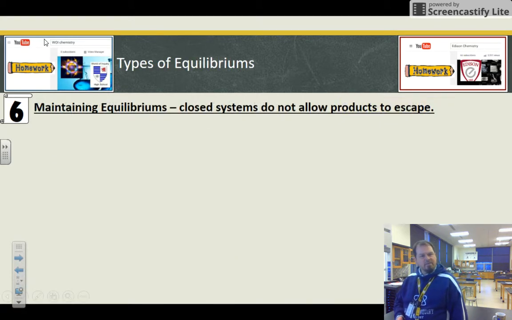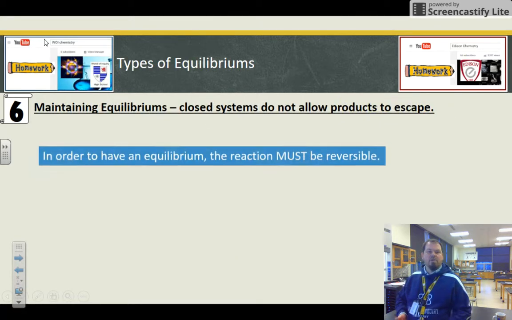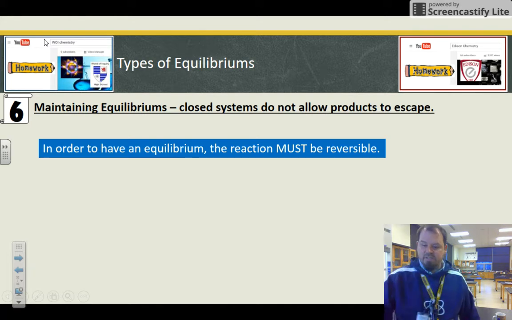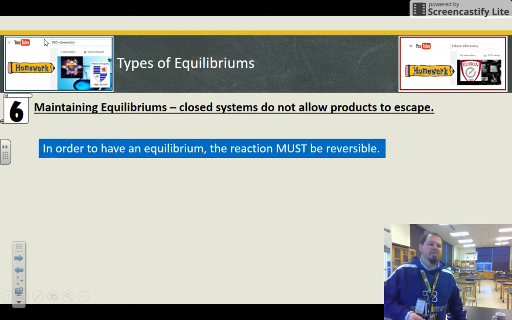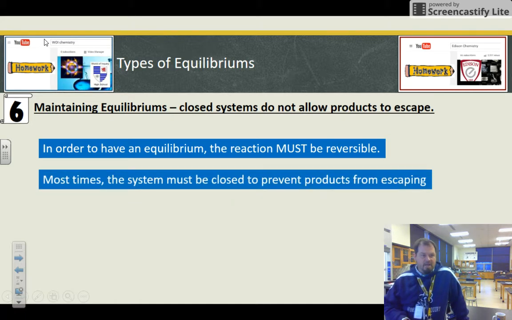So there are different kinds of equilibriums. To maintain equilibriums, we generally have to have a closed system. I've only seen this on some really old questions, but it is one of those things that is often overlooked but essential. In order to have an equilibrium, the reaction must be reversible. I can't just go forward. If I go forward and I can't go back, there's no equilibrium. There's no backwards reaction. So first and foremost, to have an equilibrium, it must have a reversible reaction.